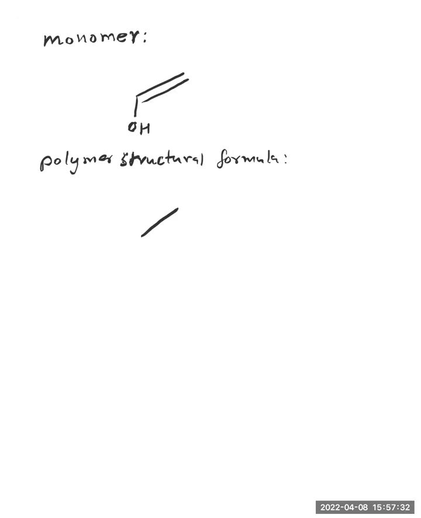Here's our monomer. By the way, we can draw this this way as well. It doesn't matter, they all mean the same thing. You have two carbons, and one of them has an OH group, a hydroxyl group, attached to it, and the others have carbon-hydrogen bonds to fulfill the common bonding pattern. That's the idea. So our monomer is this.